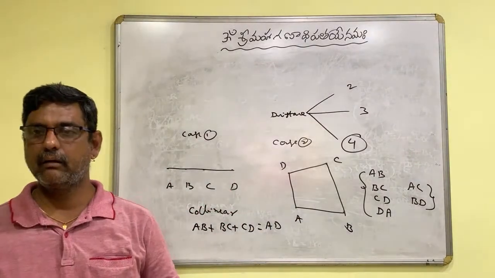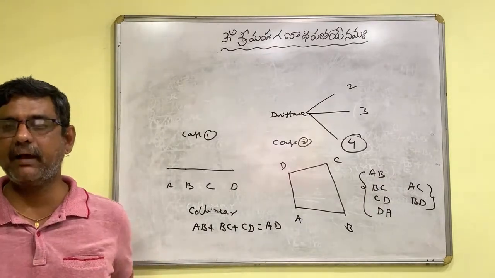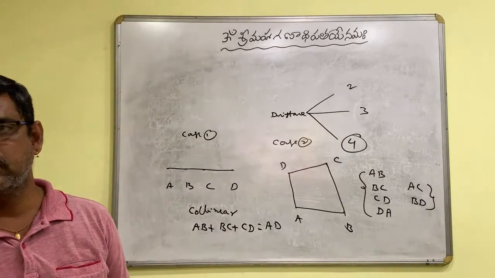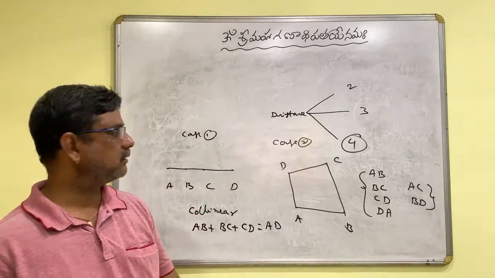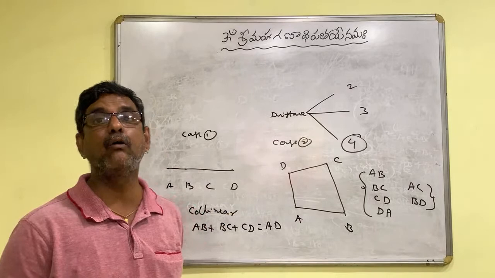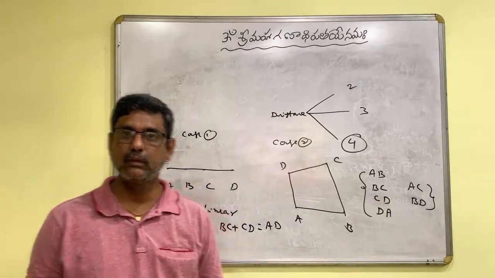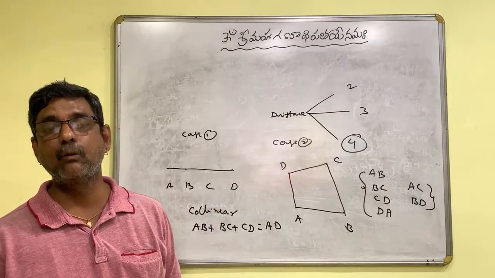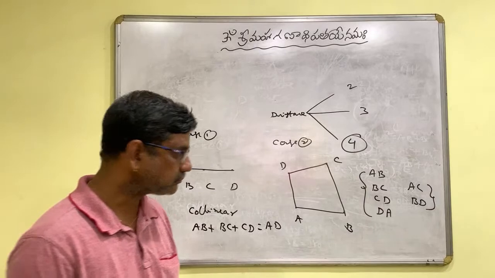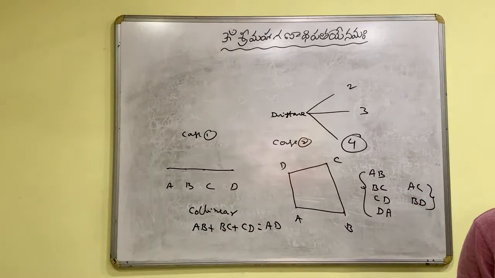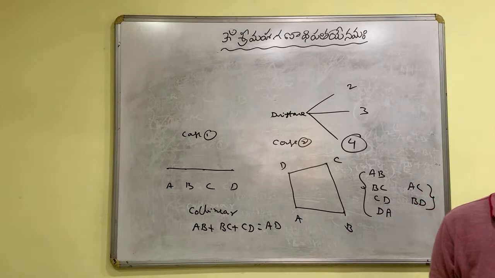Okay na? Now, children, one by one. If I ask you that this quadrilateral ABCD wants to become a square, what do we have to prove?